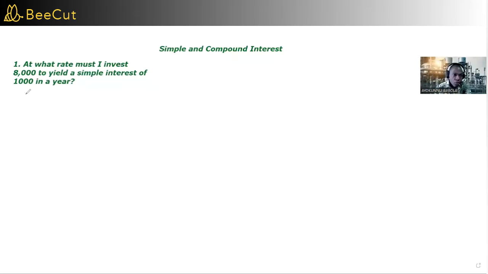Yes, okay. So what am I to write down? What's the next step now? At what rate must I invest 8,000 to yield a simple interest of 1,000 a year? So what am I supposed to write down?